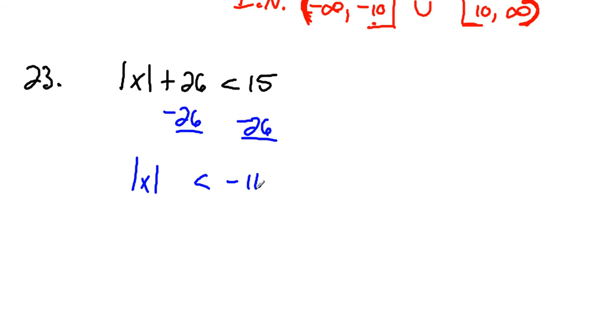Now the difference with inequalities is, before if we had an equation, we stopped and we said it was no solution. This one could be no solution, or it could be infinitely many, because it just depends on how you're setting this thing up. Because we said absolute value of x means the answer is always going to be positive. Is there any way a positive number is ever going to be less than negative 11? Can't be, right? So in this case, this would be no solution.